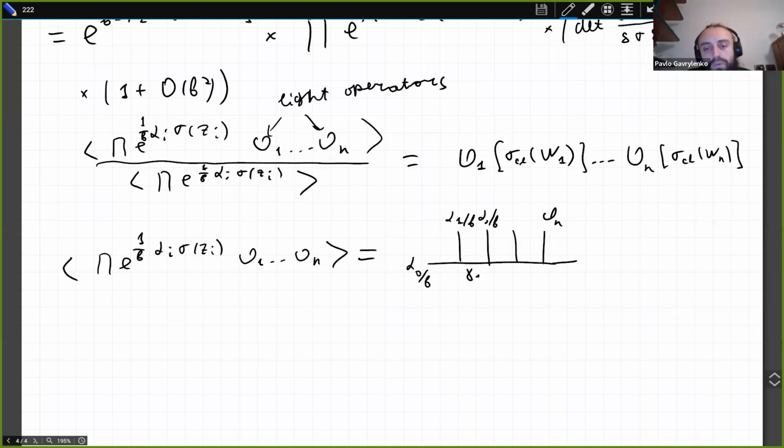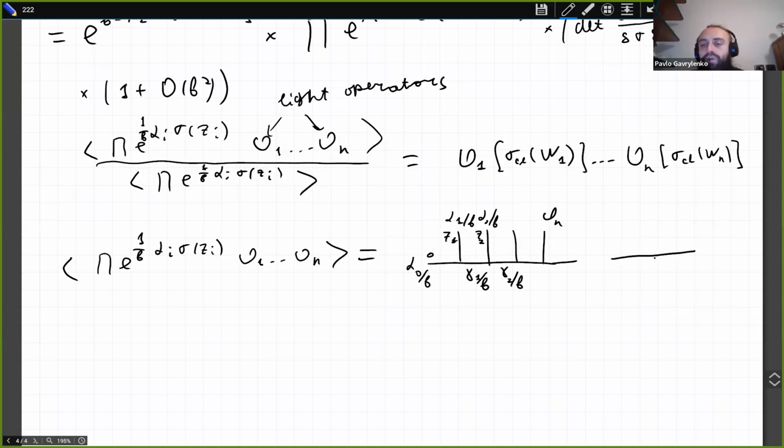So we have gamma 1 over b, gamma 2 over b, and here we have points z0, z1, z2. It is a conformal block.